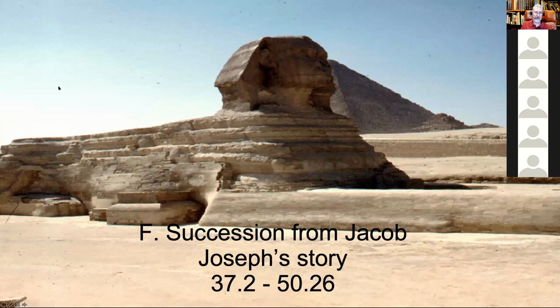So 37 to 50 of Genesis is the succession from Jacob. These are the generations of Jacob. And what this amounts to is Joseph's story. The whole thing is about Joseph and his adventures in Egypt.